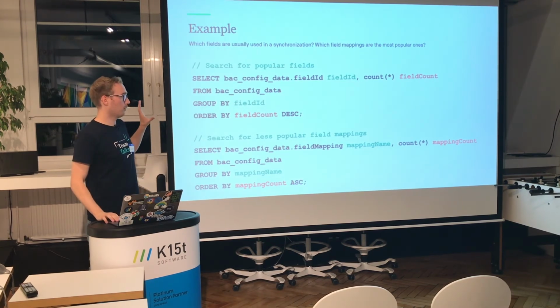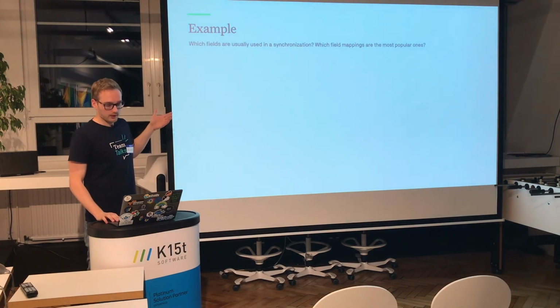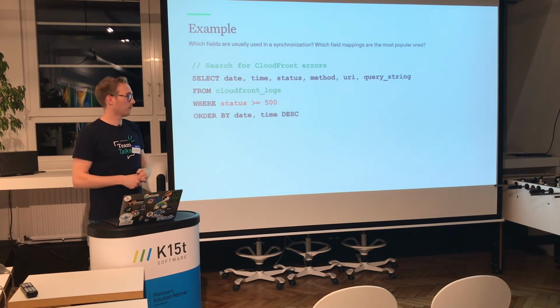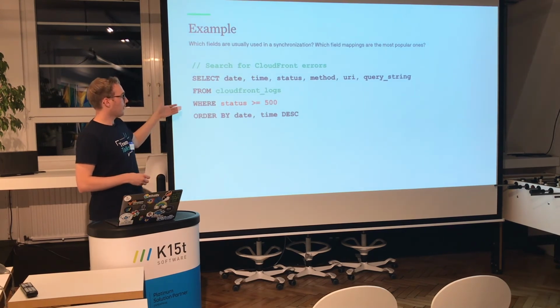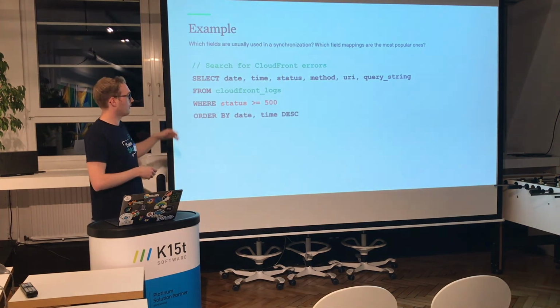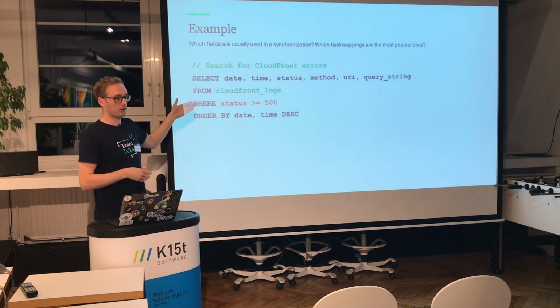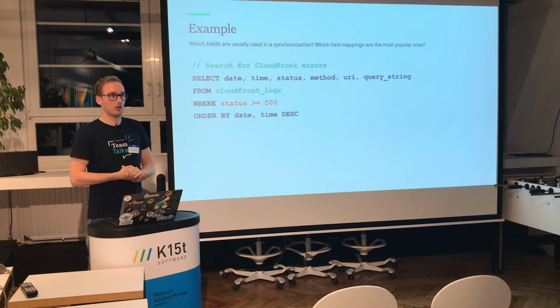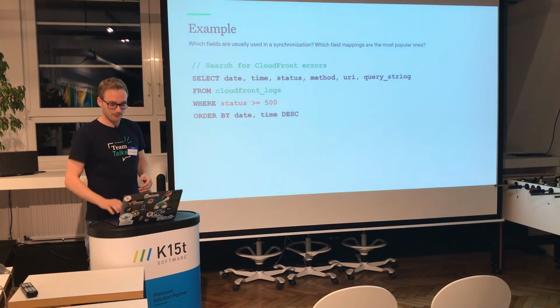A better example would be CloudFront logs. If you're using CloudFront, you log the CloudFront logs to an S3 bucket, and then you can run queries on that to figure out what different types of errors you have actually returned in your REST API, for example.